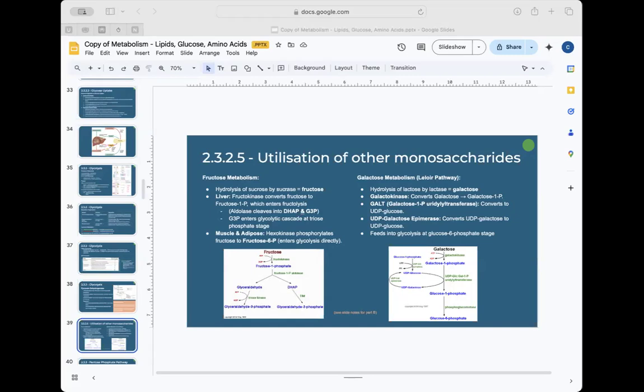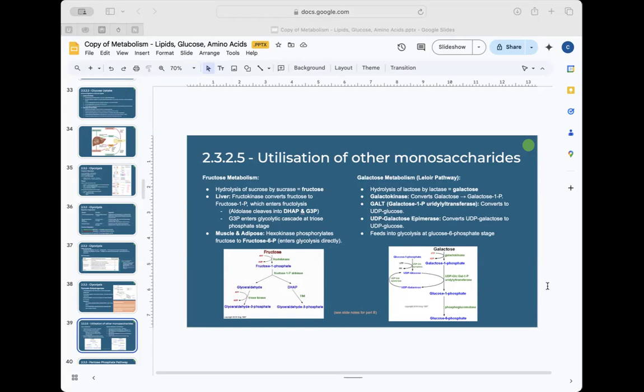And they're both glycolytic intermediates. And then in the muscle and the adipose, it's a bit simpler. Hexokinase phosphorylates fructose to fructose 6 phosphate and it jumps straight into glycolysis.